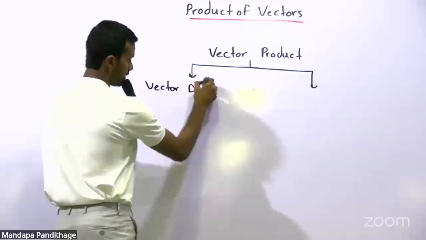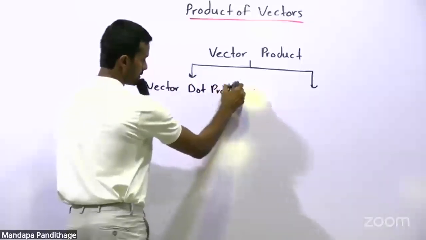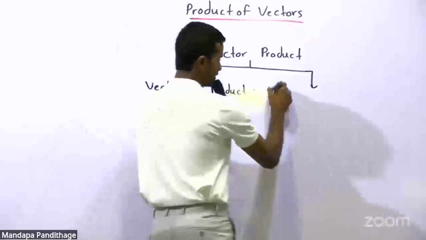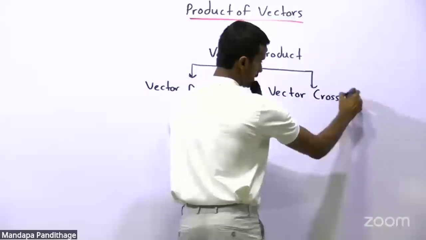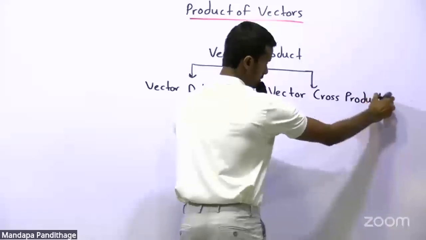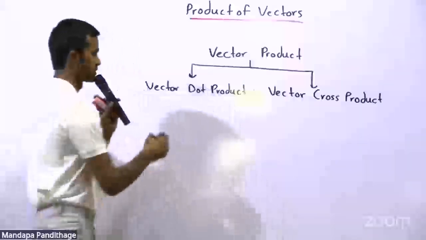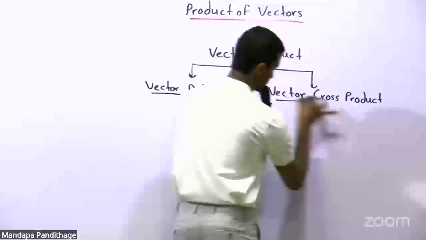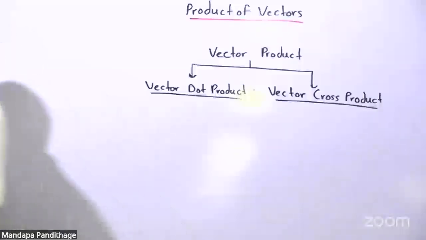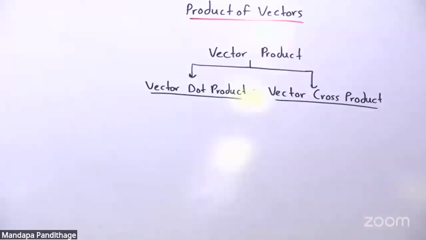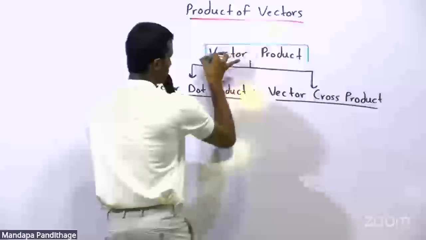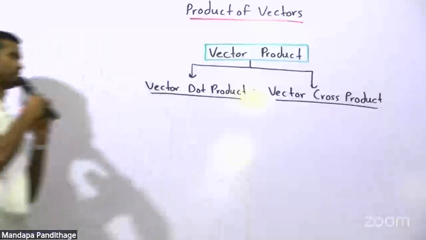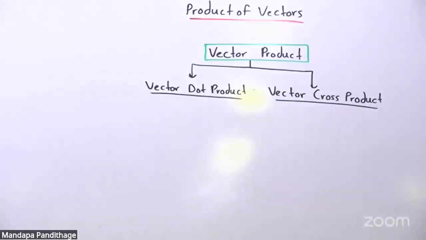The other one is the vector cross product. So vector product is the main. Then here we are discussing about the product between two vectors. Only two vectors. Two types of vector products. One is vector dot product and the other one is cross product.